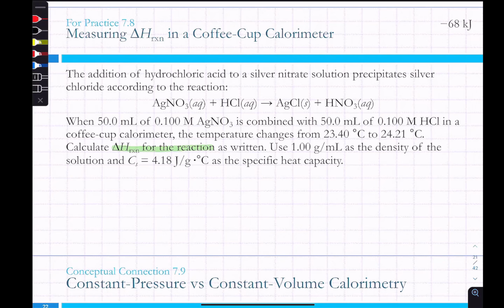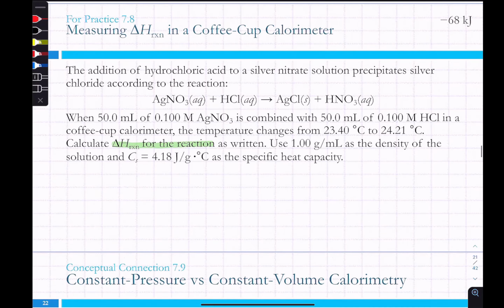And actually, it is kind of written as just kilojoules, because it depends on what you're calculating that for in the reaction, but it'll be stoichiometrically linked to whatever is in the reaction. So in this case, we'll be calculating it per 1 mole of silver nitrate or per 1 mole of hydrochloric acid. Both of those will work. We do need to know how many moles, but to even get to that point, we need to know how much heat.